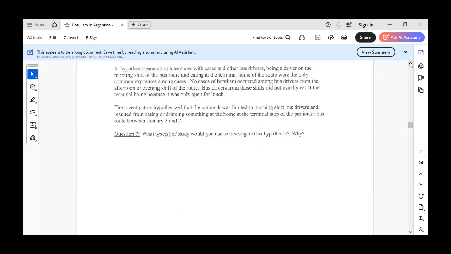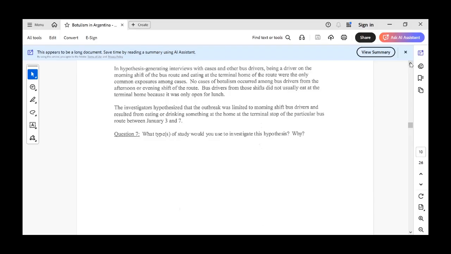Yes. So we have cases and controls, but we could also do a cohort study, right? We have a cohort of bus drivers on a particular route and shift, right? What would be the advantage of doing a cohort study? What's the measure of association you can calculate compared to an odds ratio?